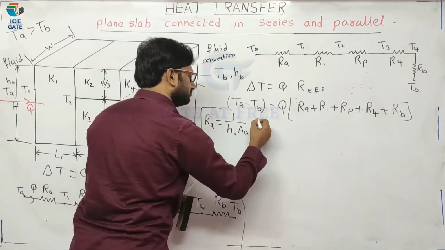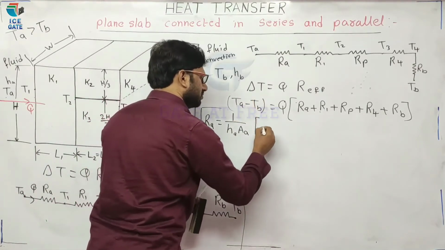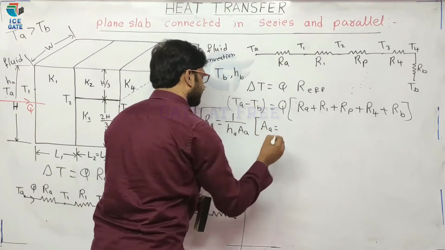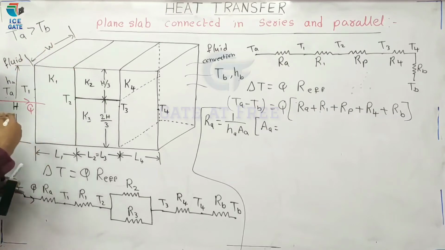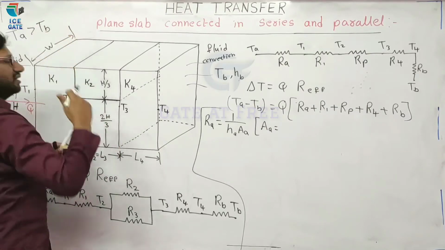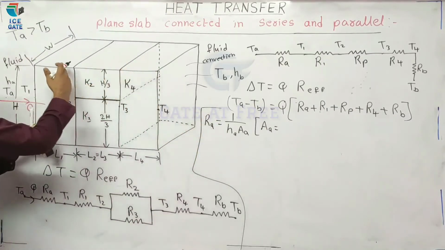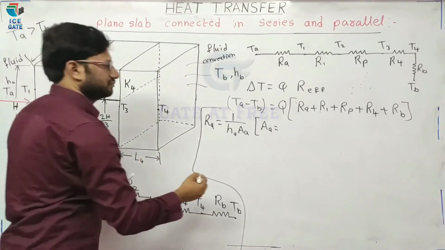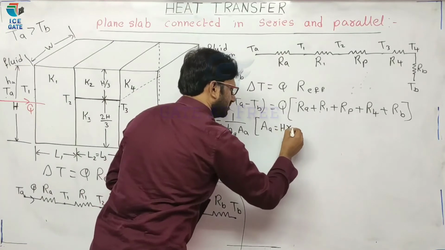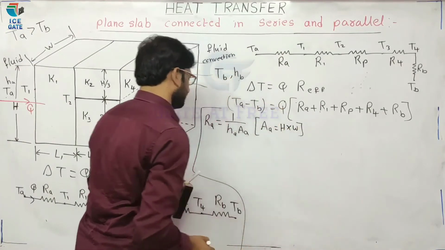Now here area is equal to, now what is the area? Convection area H into W for first material. For first material, what is the convecting area? H into W. Okay, H into W.